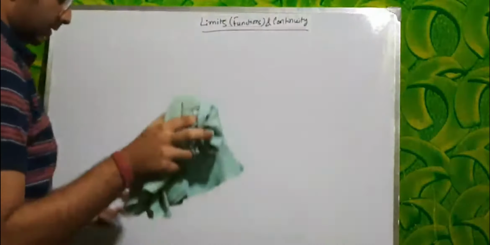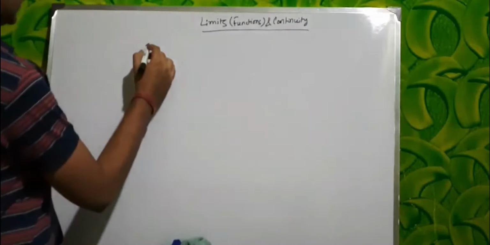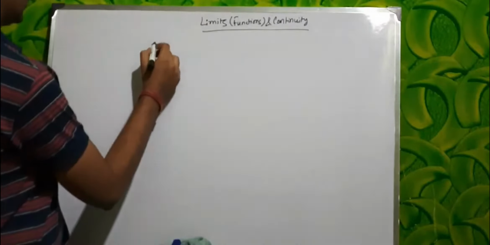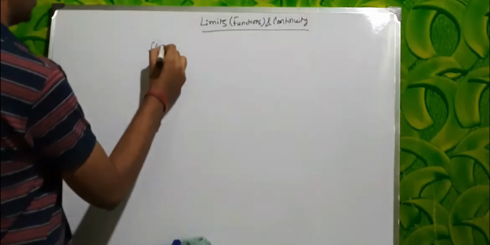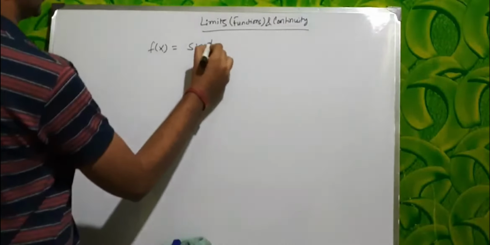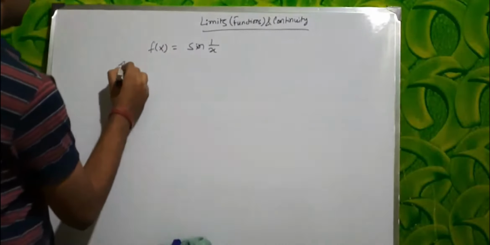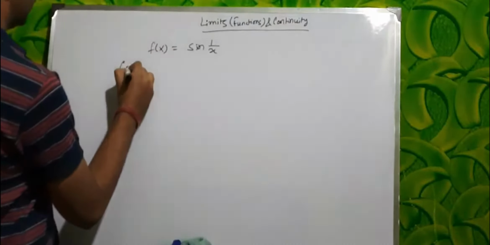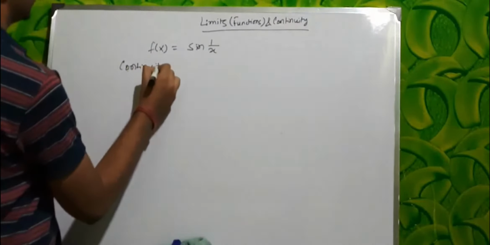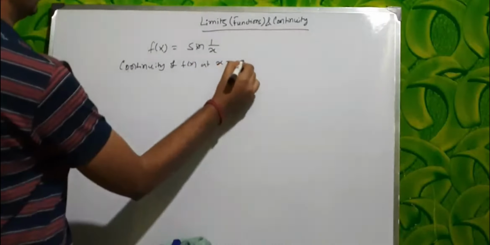Now we are going to see a nice function and some concepts related to it. You may be already familiar with this function, that is f of x equals sine of 1 by x. Now I want to check continuity of f of x at x equals 0.